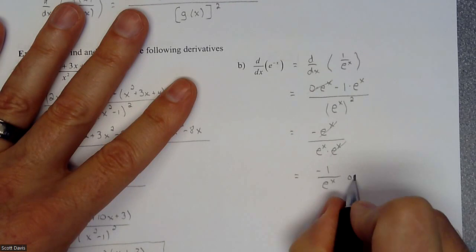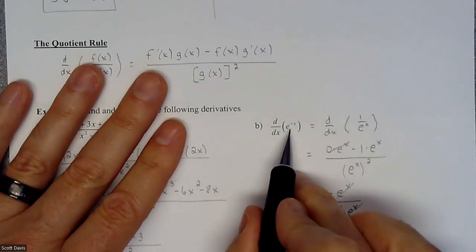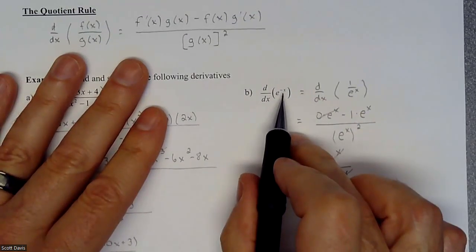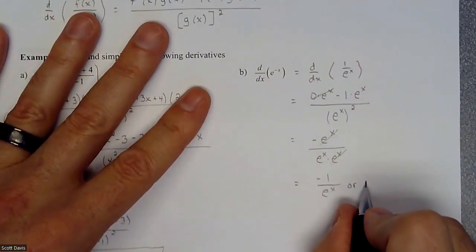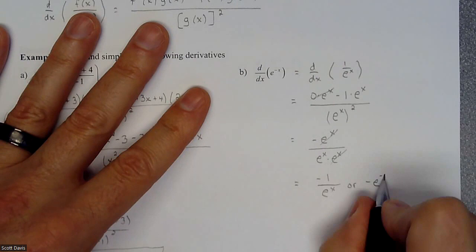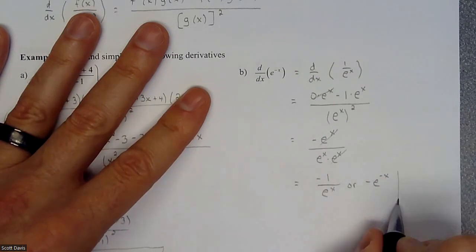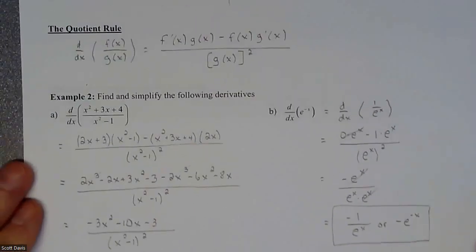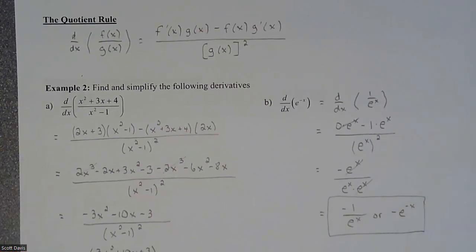Or if I go back to this idea that I can pull that back up to the numerator and I just change the power, it's a negative e to the negative x. So either way, neither are wrong. And that's it. So that's us going through a couple problems involving the quotient rule.